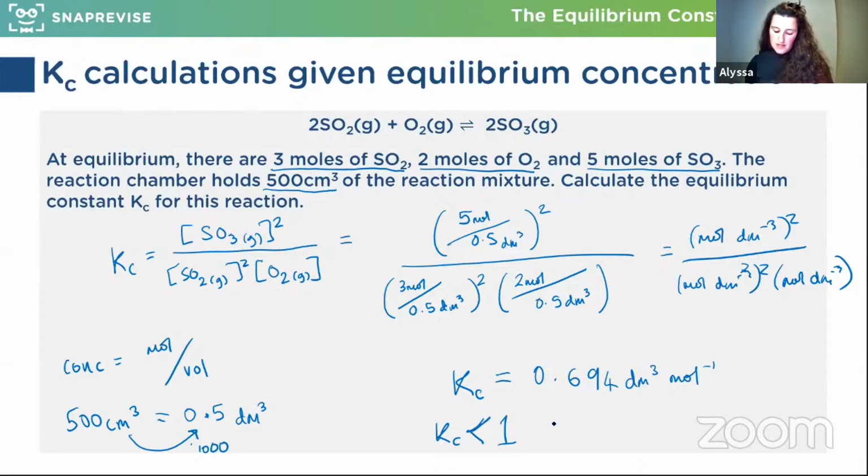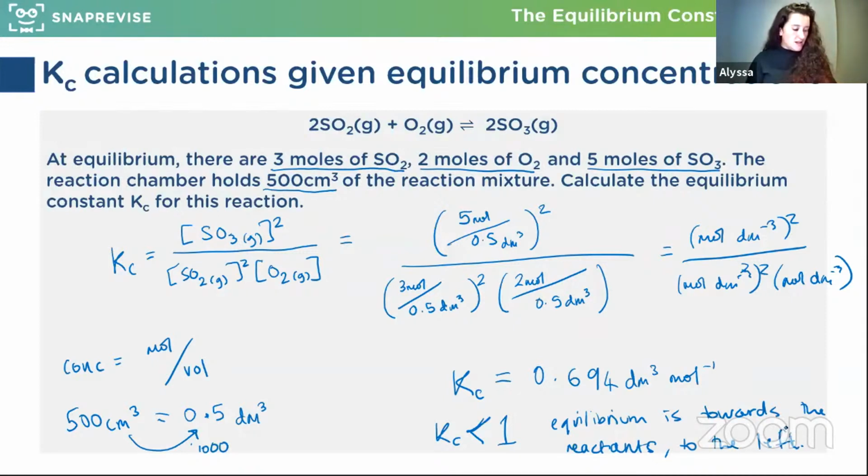Kc is less than 1, so equilibrium lies towards the reactants, or to the left. Good, well done. Fantastic.